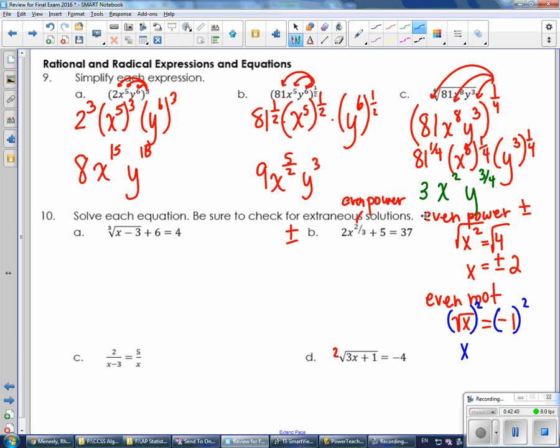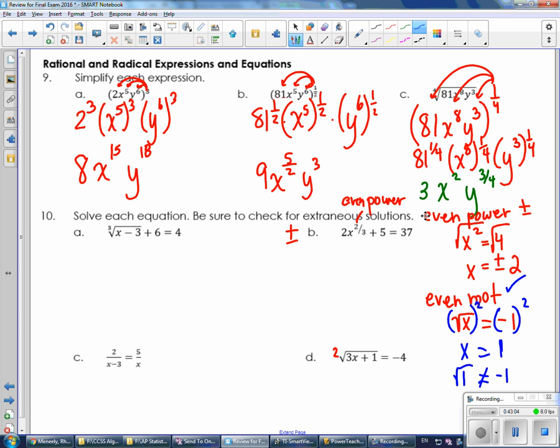Make sure when you're simplifying the -1 squared that the -1 is in parentheses, and you're going to ultimately end up with 1 because -1 times -1 is going to be positive. But if you think about it, the square root of 1 is not equal to -1, so it doesn't check. So with an even root function, you must remember to check your solution to make sure it's not extraneous.